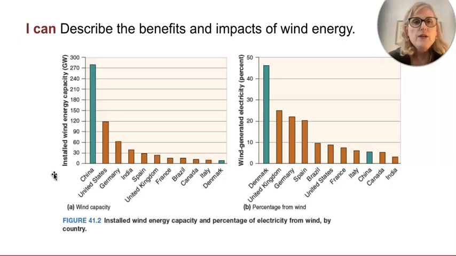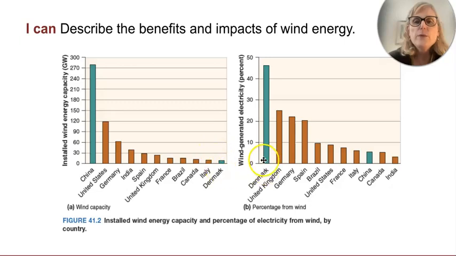So you can see here that this is the wind capacity in gigawatts. So China is first, then the US, then Germany. And this is percentage of their own electricity. So Denmark's first with 47%. But if you look here, that's about 10 gigawatts of power, makes up 47% of their electricity. You have to keep these numbers straight.